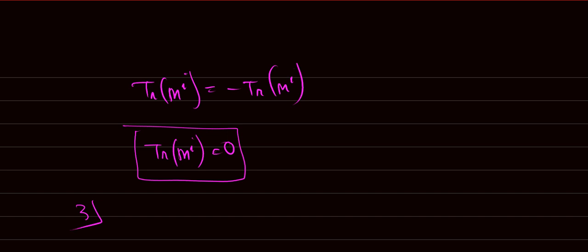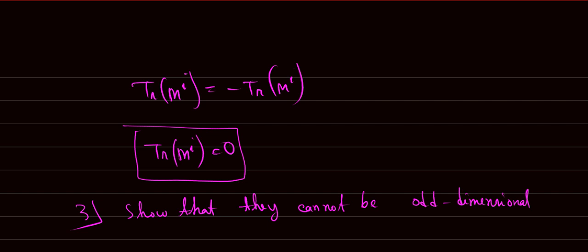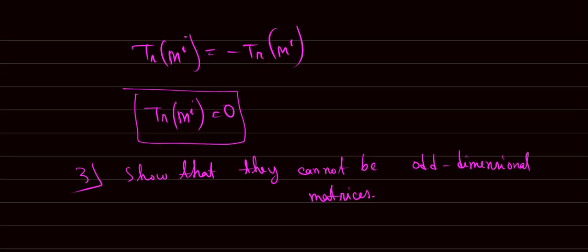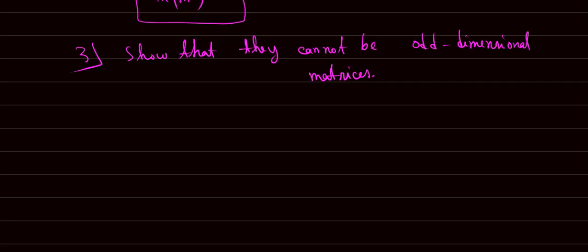Now problem 3. Show that they cannot be odd dimensional matrices. The dimension will be even numbers. So the trace of M_i from number 2 is 0. We found that. The trace will be the summation.